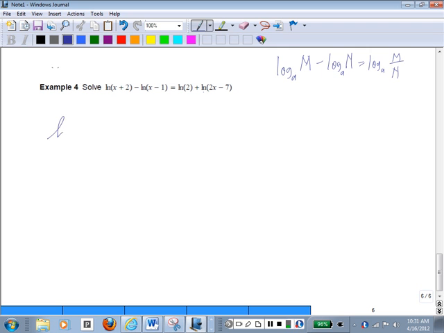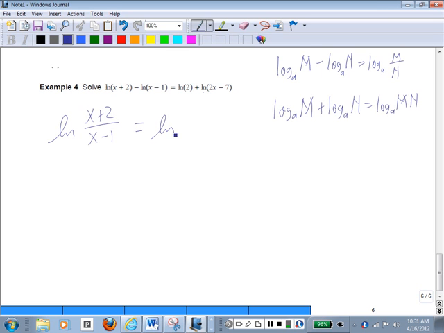So this is going to be the natural log of the fraction x plus 2 over x minus 1. On the right-hand side, it's the sum of the logs, and the sum of the logs is the log of the product.